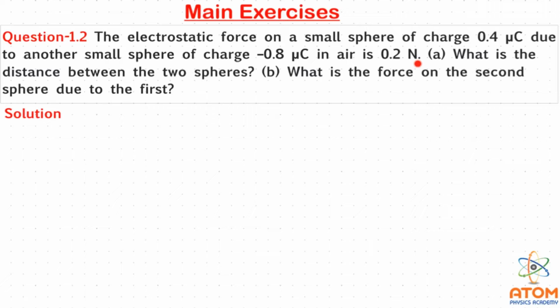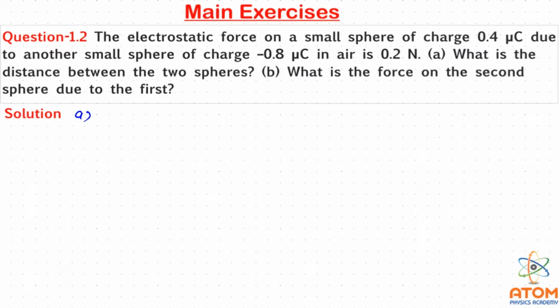Obviously it will be attractive, as one is a negative charge and the other is positive. Here we need to find out A, what is the distance between the two spheres, and B, what is the force on the second sphere due to the first sphere. Let us see the solution.